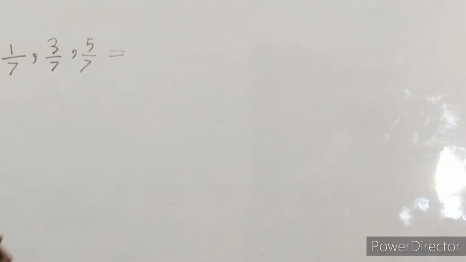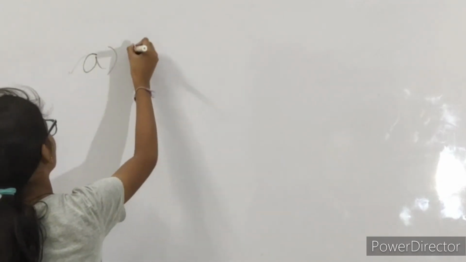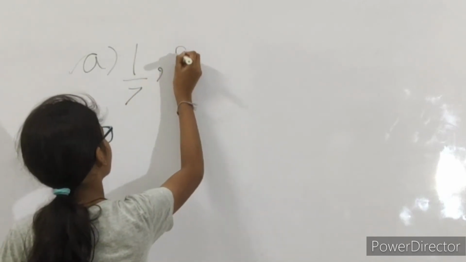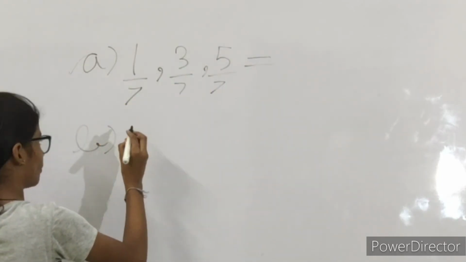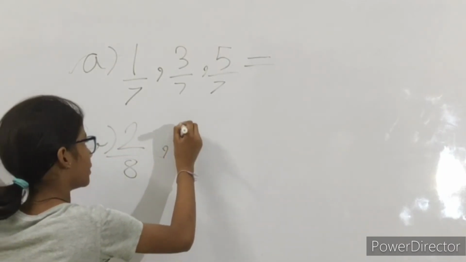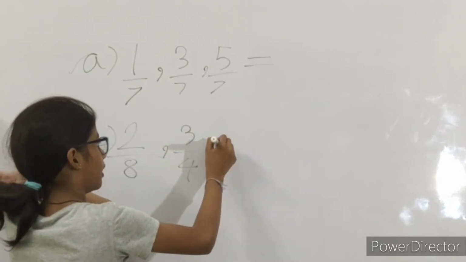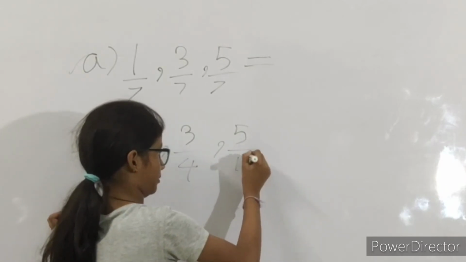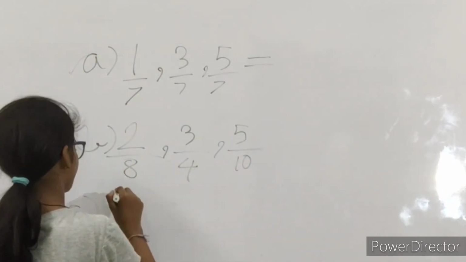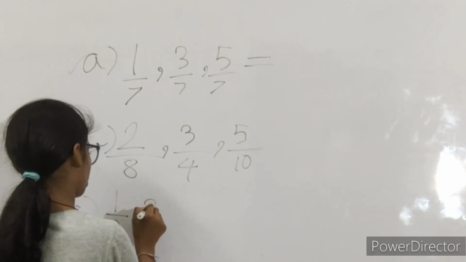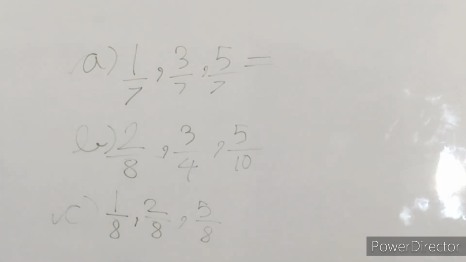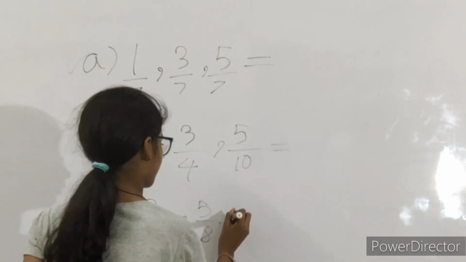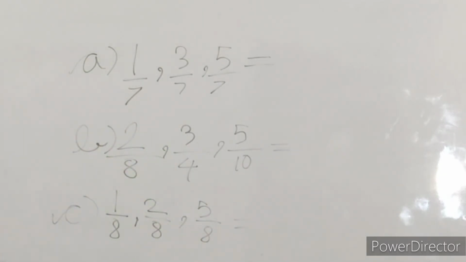B is 2/8, 3/4 and 5/10. Then the last one, the C one, is 1/8, 2/8 and 5/8. So do it, till the time I'm here.